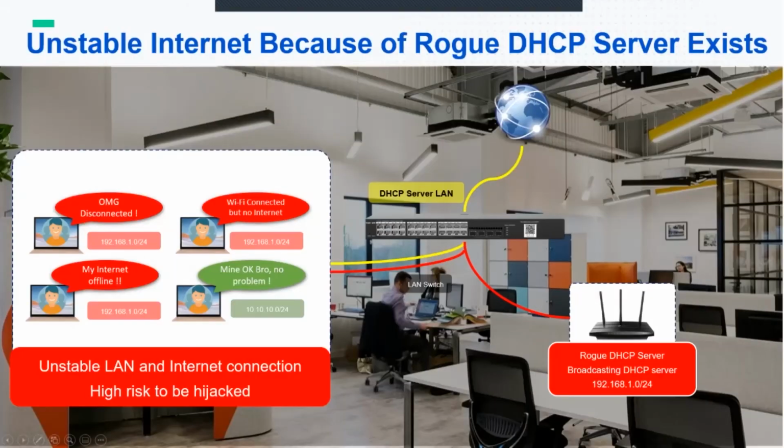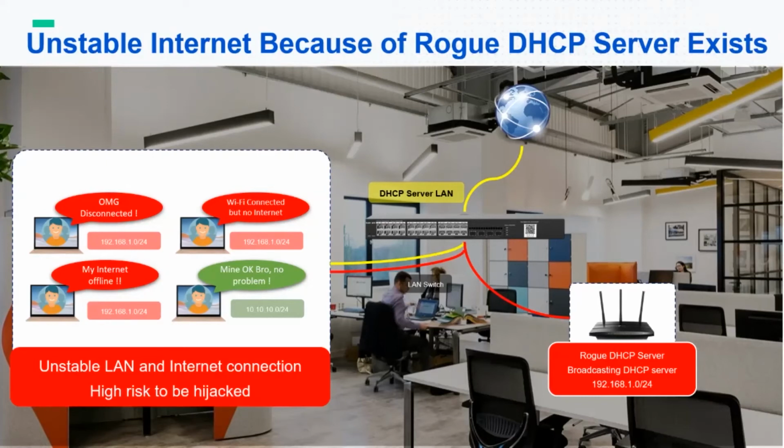Okay, so this is a very common problem in SMB scenarios. For example, you already deploy Wi-Fi in the office, but employees are not satisfied. They think the signal is not good or the speed is slow, because maybe we limit them, right? So they bring their own device to your network, to the office, to plug it in.